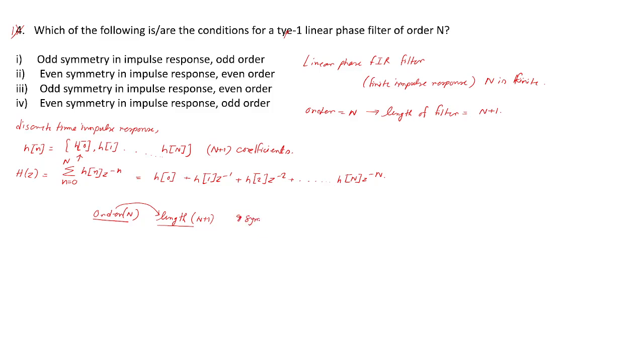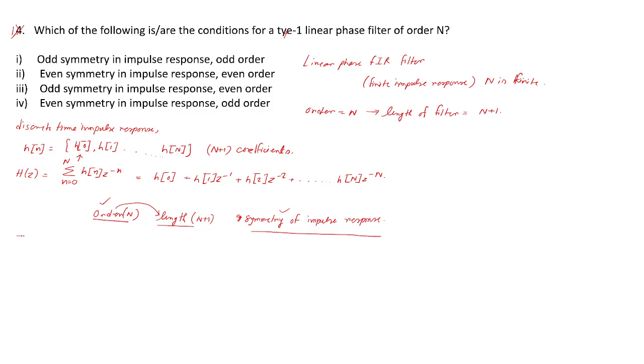And the third property is symmetry of the impulse response. So actually there are two parameters which vary across different types of linear phase FIR filter: order and the symmetry of the impulse response h[n].